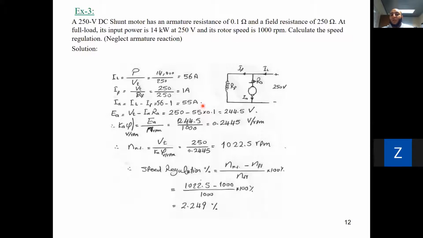In order to get the speed, we need to calculate the speed at full load. We need to calculate the EMF and K phi. So simply at full load, we have now the current value of IA, so we can calculate EA simply. For K phi, Shabab, we can calculate K phi using EA divided by omega or N. Take care, if we divide it by omega, the units will be voltage divided by rad per second.